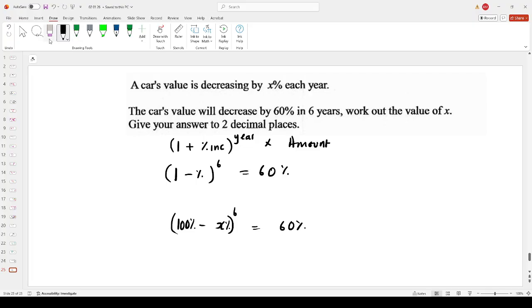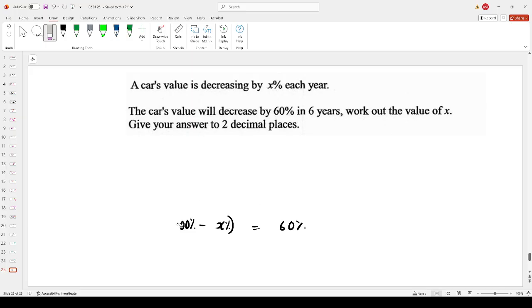Use the algebra. I need to try another way. The car's value will decrease by 60% in 6 years. Oh, hold on. If it's gone down by 60, what's the original? What's left? 60%, 40%, right? Does that make sense?